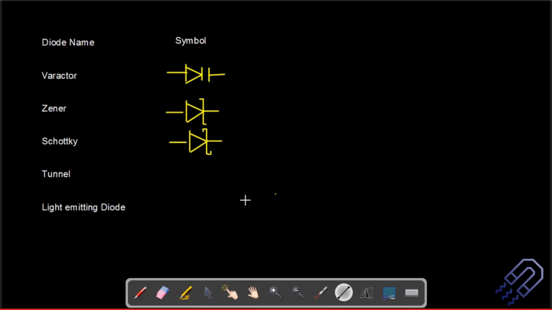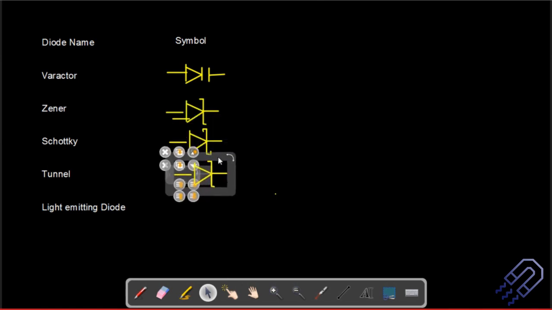And then we have got the tunnel diode. For the tunnel diode, just copy the same thing again. Finally, in the tunnel diode we are just going to have a symbol where both the sides are opposite.